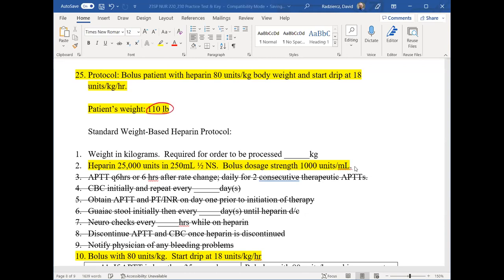The protocol said 80 units per kilogram body weight for the bolus, and then to start a drip at 18 units per kilogram per hour. So that's how that was written in the previous example.